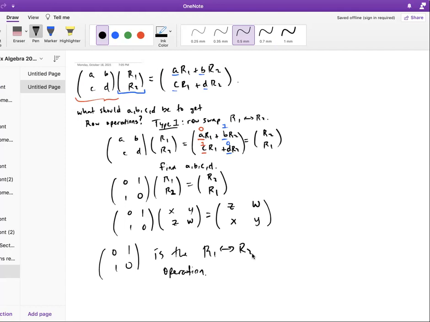And later we'll see why that's very, very important. But does everyone understand so far what's going on here? Does that make sense? Do you see why that matrix is the row swap operation? Okay, cool. All right, let's do the other ones.